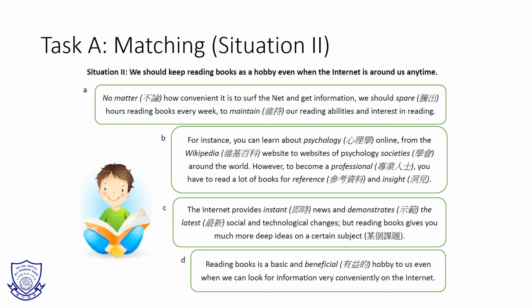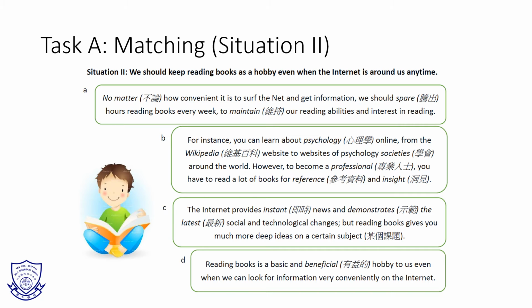Sentence A. No matter how convenient it is to surf the net and get information, we should spare hours reading books every week to maintain our reading abilities and interest in reading. Sentence B. For instance, you can learn about psychology online, from the Wikipedia website to websites of psychology societies around the world.